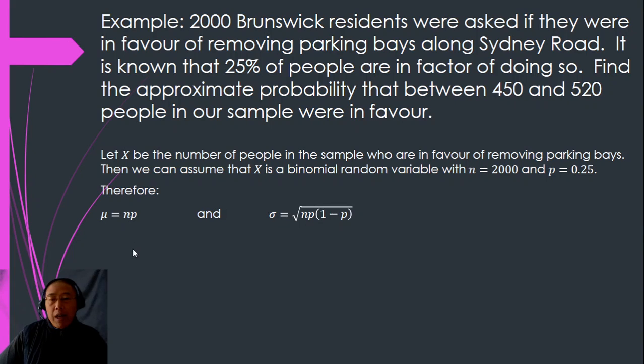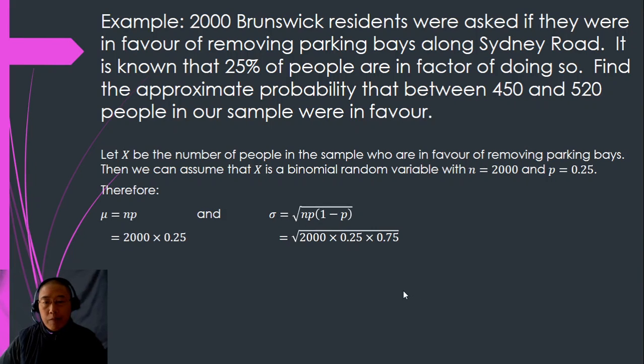N being very large, you can then approximate it to a normal distribution with the mean and the standard deviation using those formulas. You substitute the values and calculate.